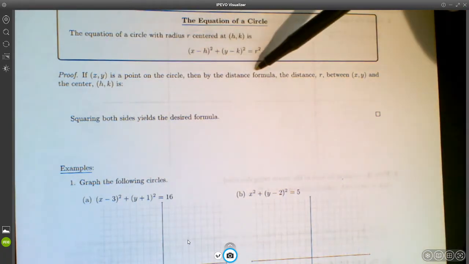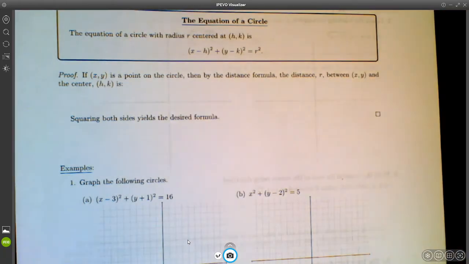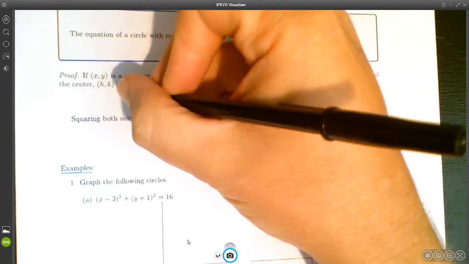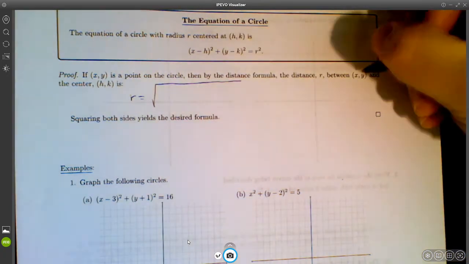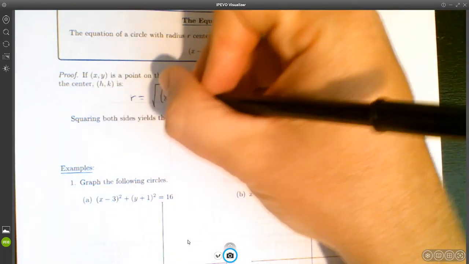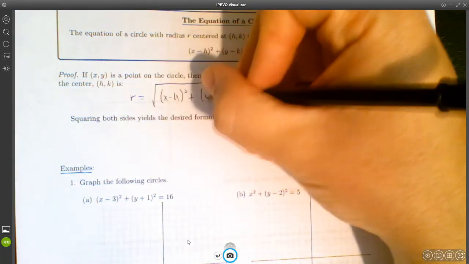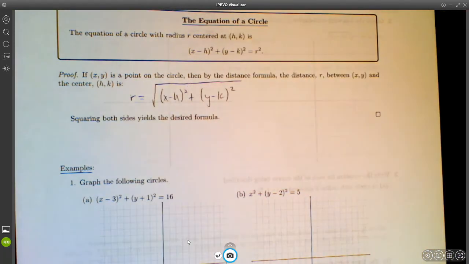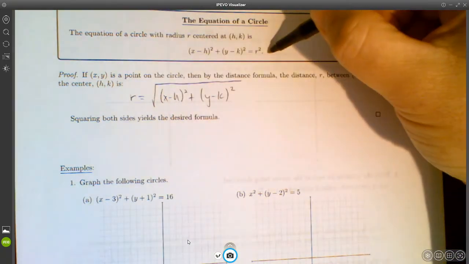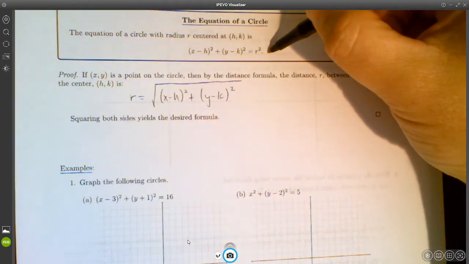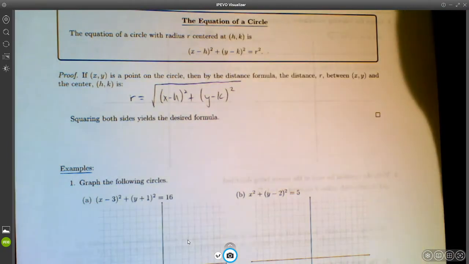Then by the distance formula, the distance r between (x, y) and the center (h, k) is r equals the square root of (x minus h) squared plus (y minus k) squared. Squaring both sides of this equation yields the desired formula. So there you go, that's how we know that this is the equation of a circle.